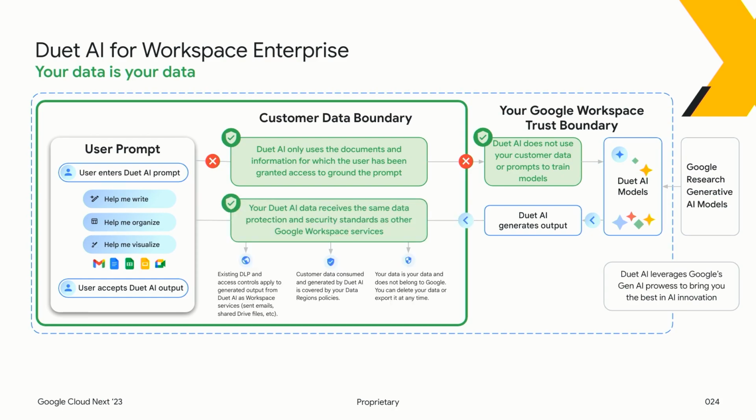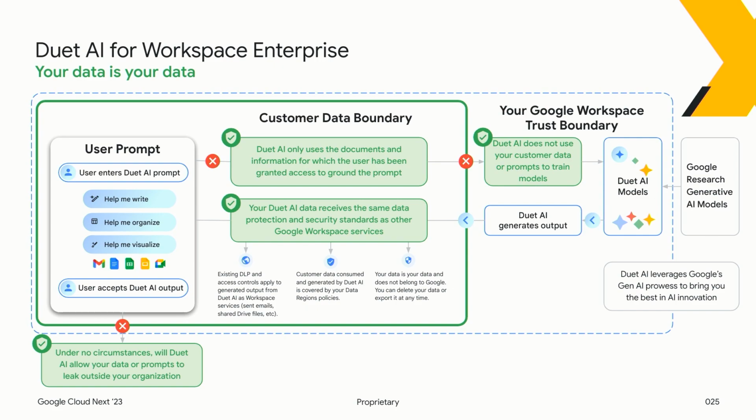And for all of the generated outputs, Duet AI completely respects all of your existing policies around data regions, around data leakage prevention or data loss prevention, and any other security controls that you have in place. Lastly, but most importantly, under no circumstances does Duet AI let any of your organization's information leak outside your trust boundary.